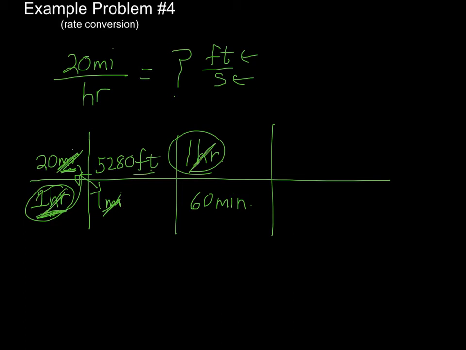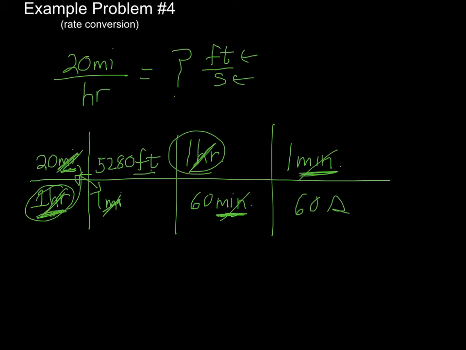Now I'm left with feet per minute, and I don't want feet per minute. I still want feet per second. So I do know this. Minutes is in the denominator, so I do know that 1 minute, which I'll put in the numerator, is equivalent to 60 seconds. Minutes cancel minutes. Again, because this is in the numerator, that's in the denominator, the values can cancel.